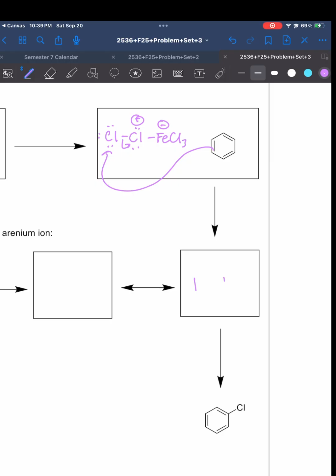And we have the chlorine here, and you can draw the hydrogen here if you would like. And of course, there's going to be a positive charge, and it's also very important to know that we have our FeCl4 now floating around in solution.